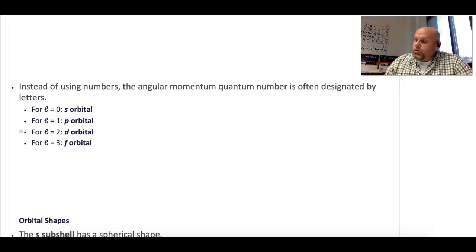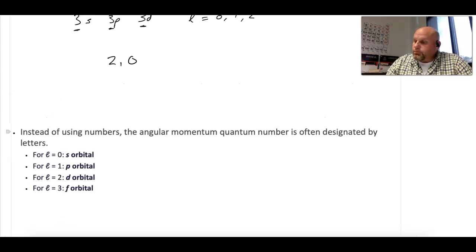So if I saw a notation like, they gave me principal quantum numbers that said 2, 0, when they list quantum numbers like that, it's always going to be in order. So that's the N value, that's the L value. So what I'm talking about here is an electron in the second energy level and in the S subshell. Second energy level, and when L equals 0, that's the S subshell.